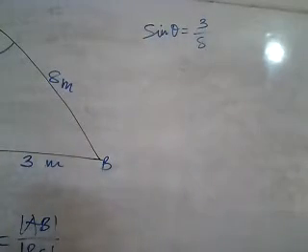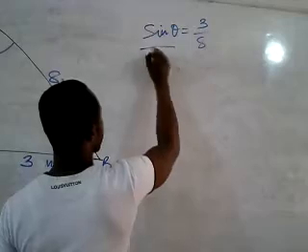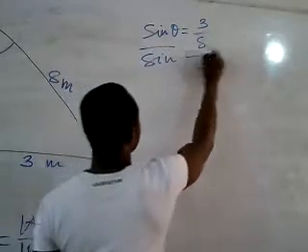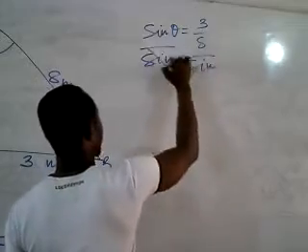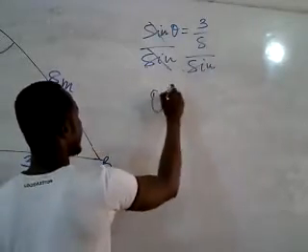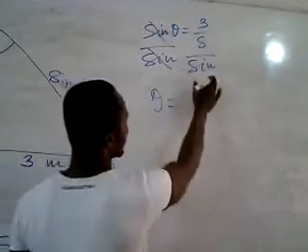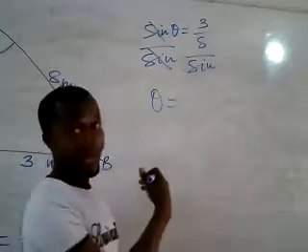Now we have to find the value of theta, not sine theta. So we can divide through by sine. So sine 3 over 8 also divided by sine. So sine cancels sine. So we have theta equal to, we find inverse of sine.